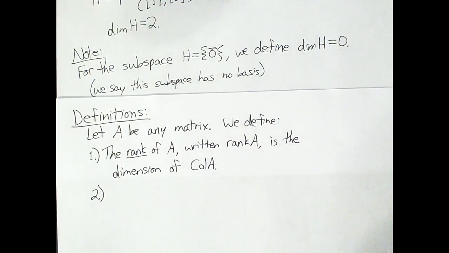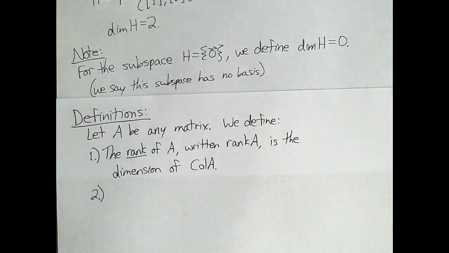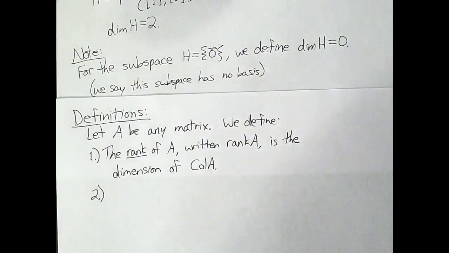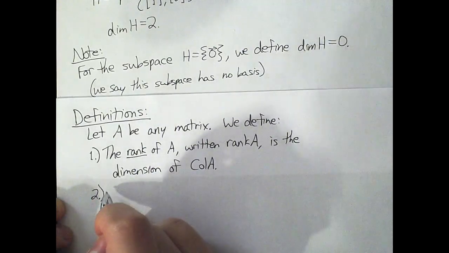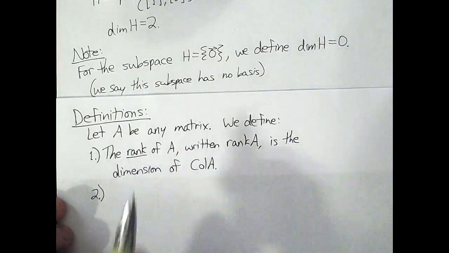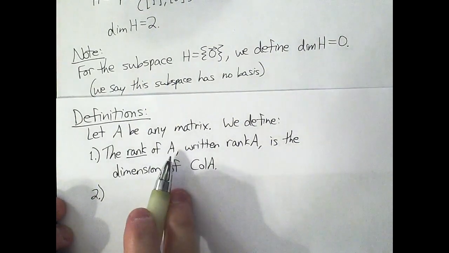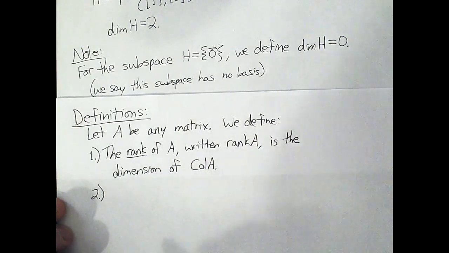That's the column space of A. We talked about that last time. It's the span of all of the column vectors. So col A is a subspace that we get for any matrix A. Now we just want to talk about its dimension sometimes, and it has a special name. It's called the rank. So the rank of a matrix A is a number, because it's the number of elements in a basis.